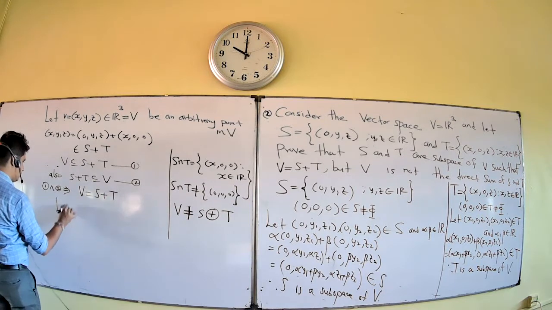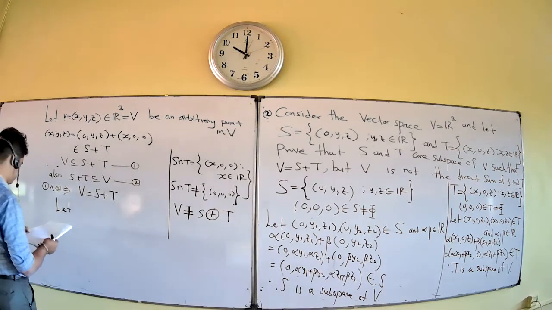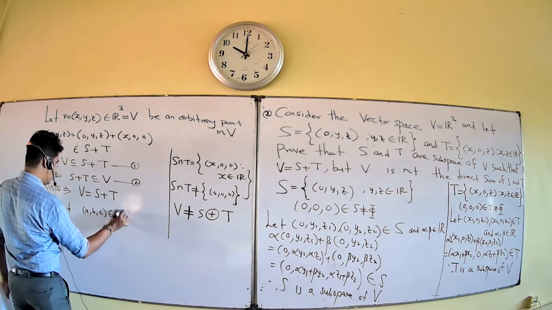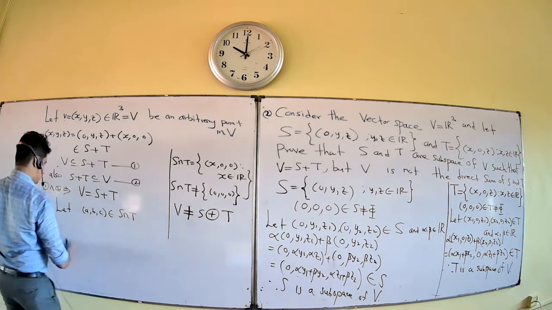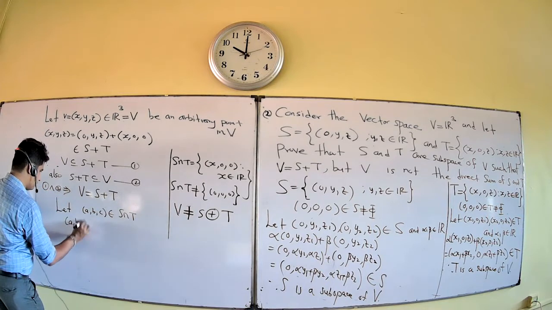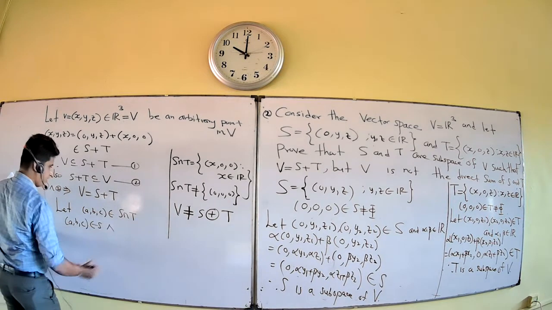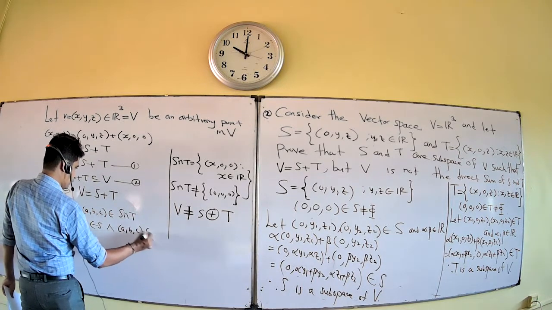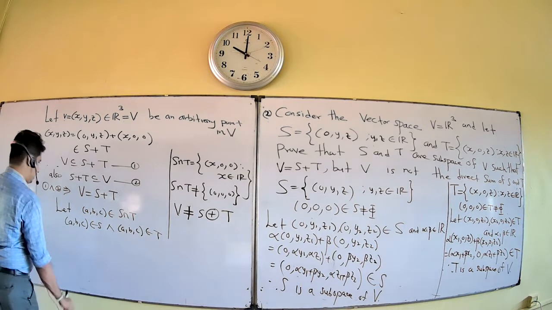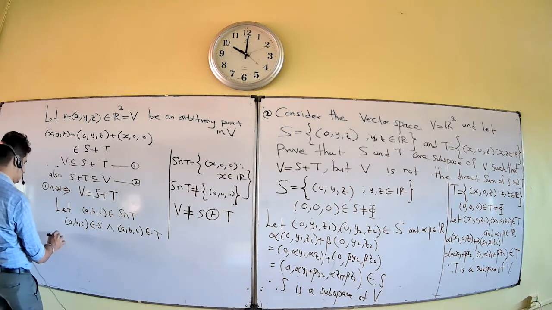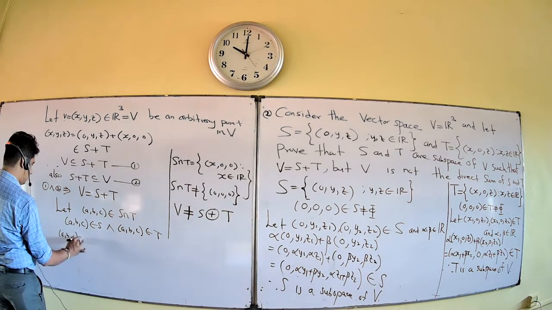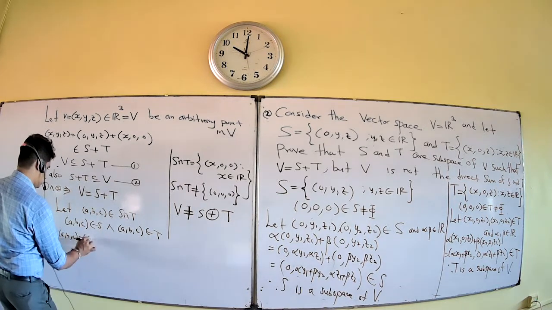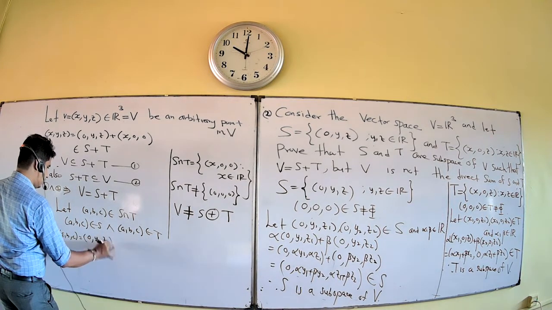So let you take one of the points (a, b, c) belonging to S intersection T. Same idea again: (a, b, c) belongs to S, and (a, b, c) belongs to T. So (a, b, c) belonging to S means it is an element of the form (0, y1, z1), where y1, z1 belong to the real numbers.